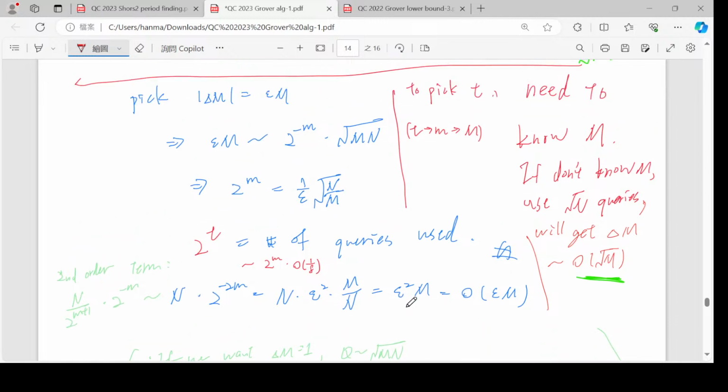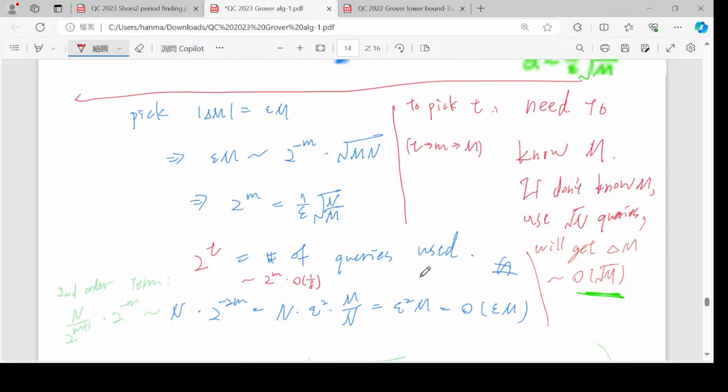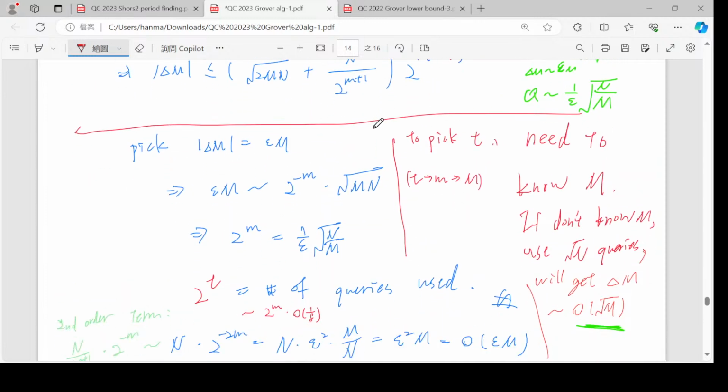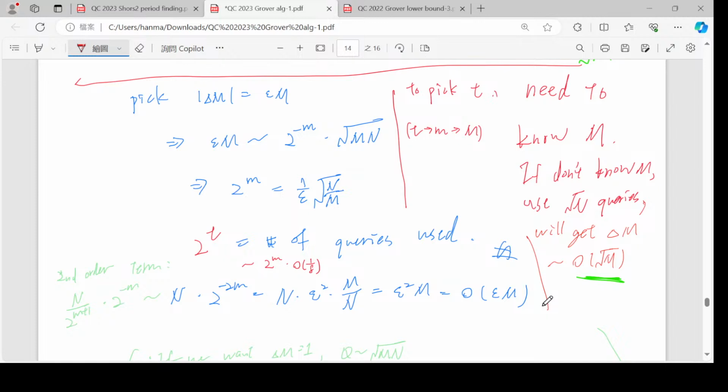Then you see that the second order term is epsilon squared m. So the second order term is okay as long as epsilon is obviously less than 1. So your delta m is still order epsilon m. I guess it's a little funny because now your epsilon gets some correction, but if your epsilon is small, then this is okay.